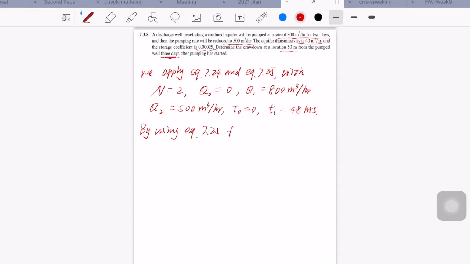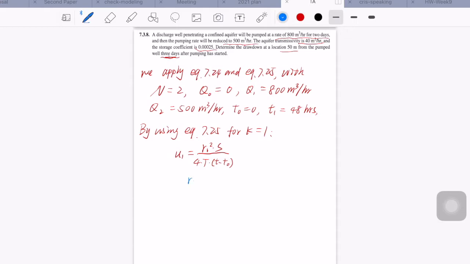And then by using equation 7.25 for K is 1, we can determine that U1 should be equal to R1 squared times S divided by 4 times transmissivity times T minus T0.